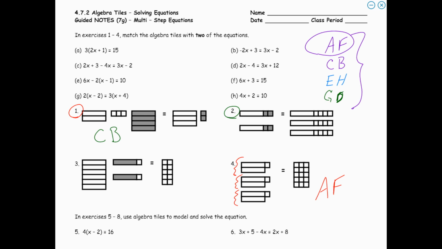So which one matches number 2? Everybody agree? So G and D match number 2. So which set are we left with for number 3? E and H. Does it make sense? 6 positive x's, 2 negative x's, and 2 1s. So E and H.